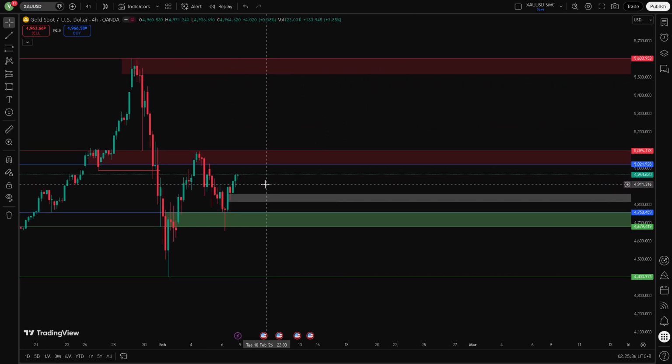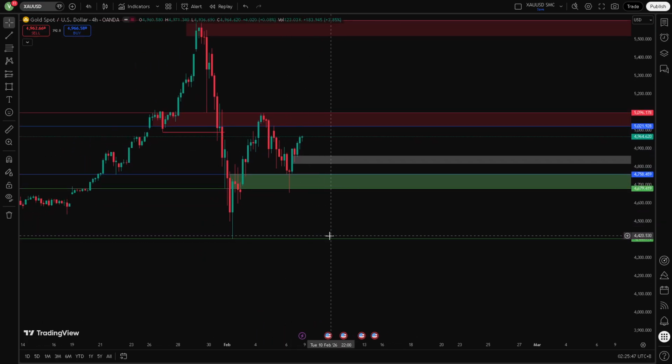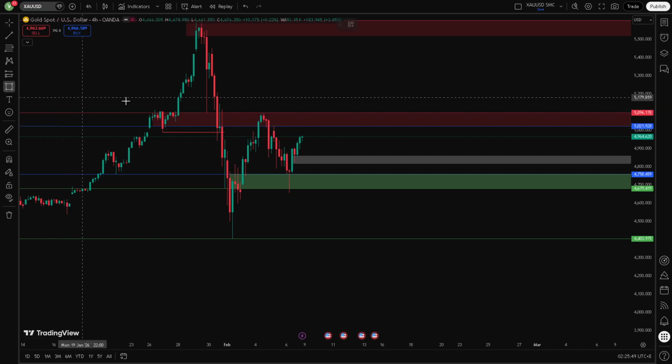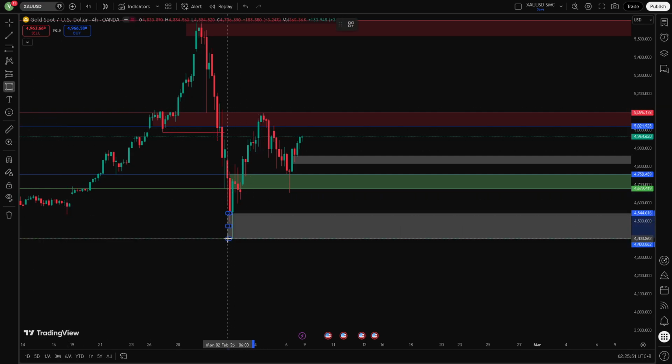If the price retraces over here and is unable to close below this level, we might go up once more. But if the price breaks this level, you might want to buy on this level, which is, I forgot to put our discount level, this area.